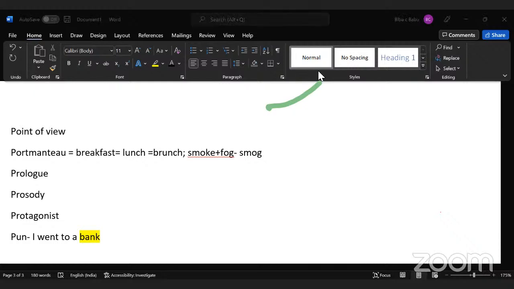What is the meaning of bank? It can be a financial institution like SBI, Canara Bank. It can also be a river bank, the side of the river. That is a pun word: a single word has different meanings.